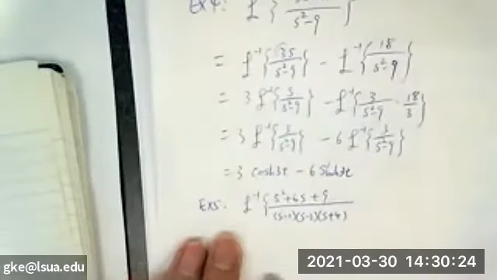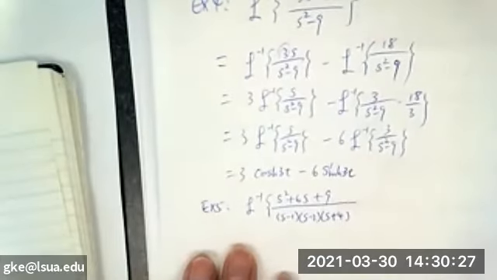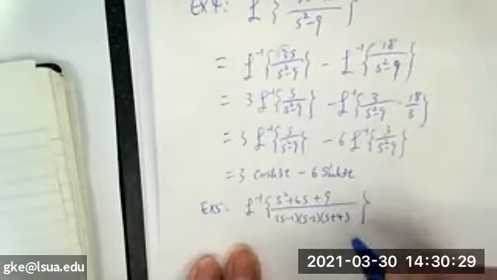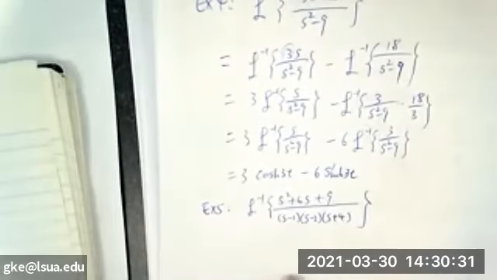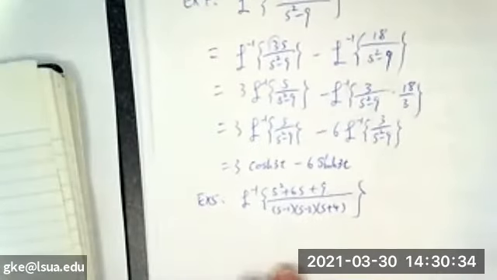If I give you something like that, how do you calculate the inverse transform?